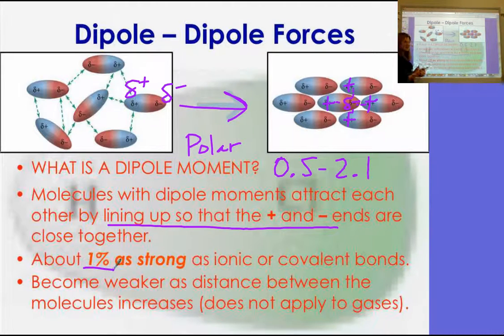It's only 1% as strong as an actual bond because it's just these attractions between different molecules. Because it's very weak, it does not apply to the gases because the molecules are so far apart. So the bigger the molecule, the further apart they are, the weaker this force is.